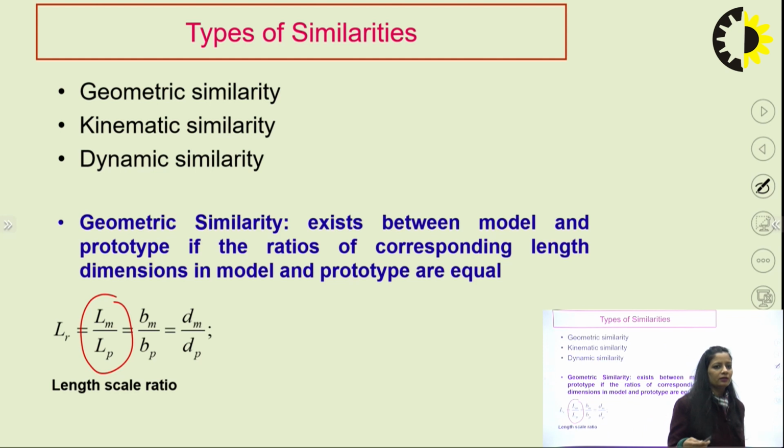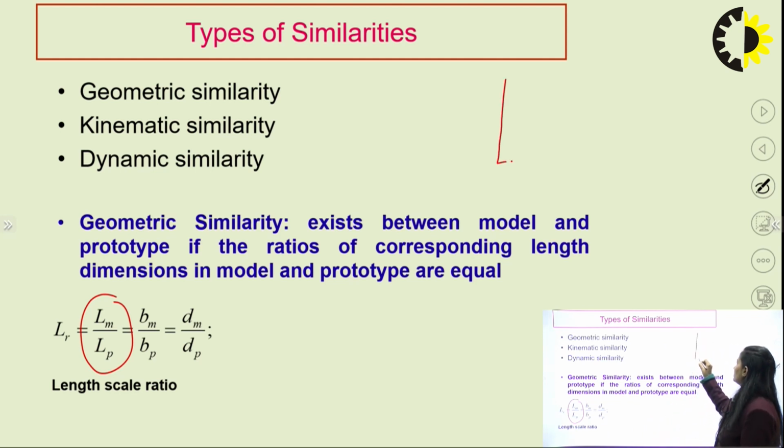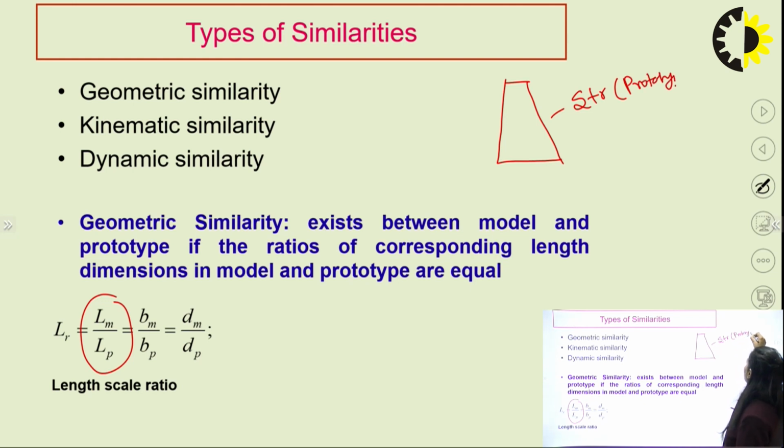Let us suppose, for example, this is a dam. This is your actual structure, or prototype, and let us suppose this dimension is BP.